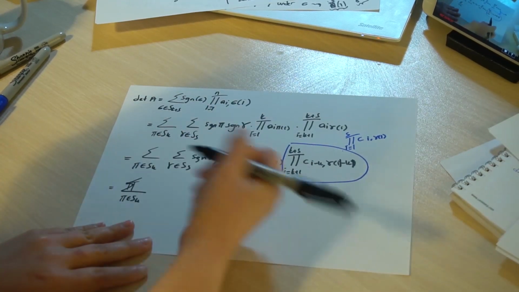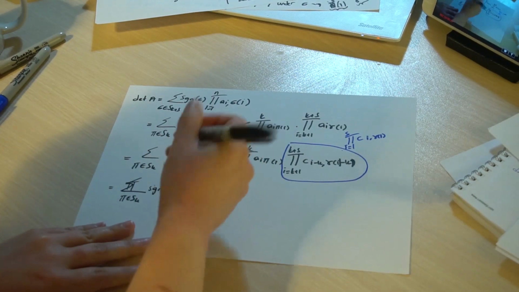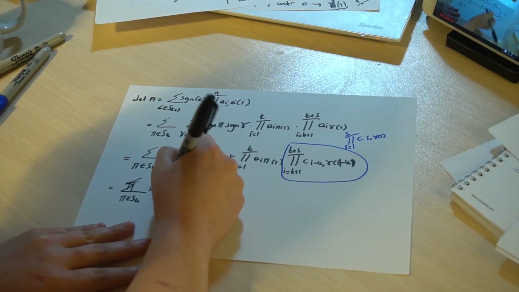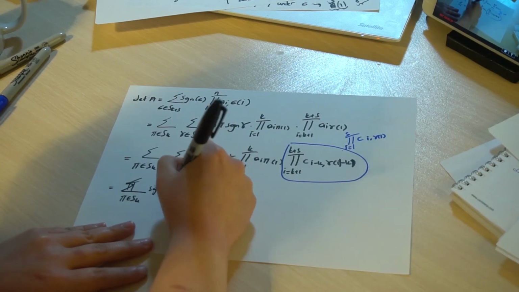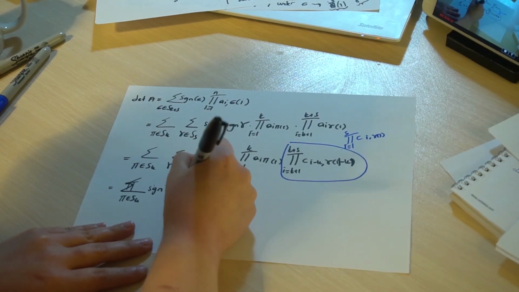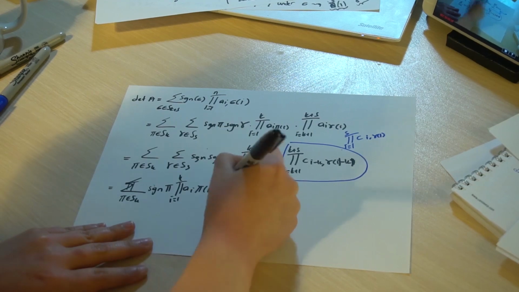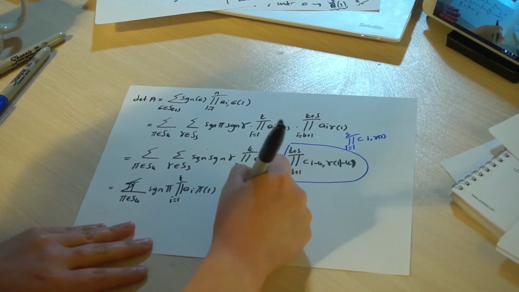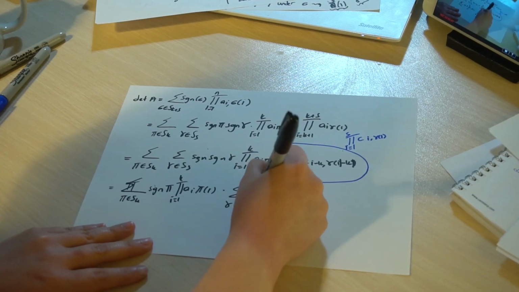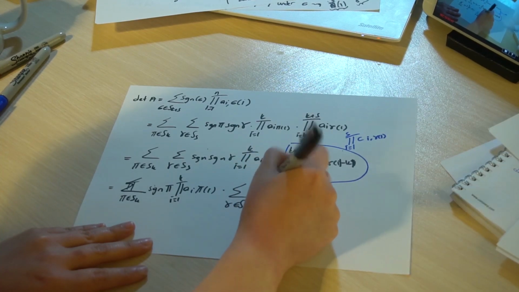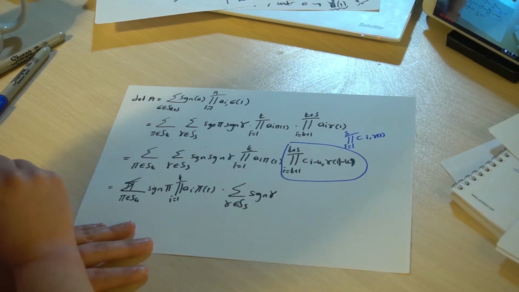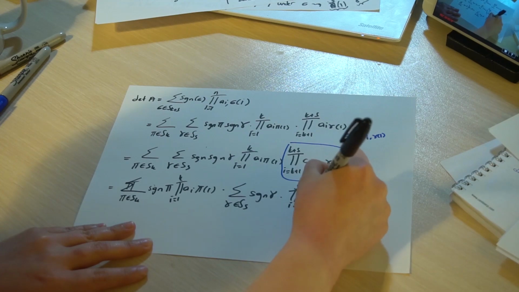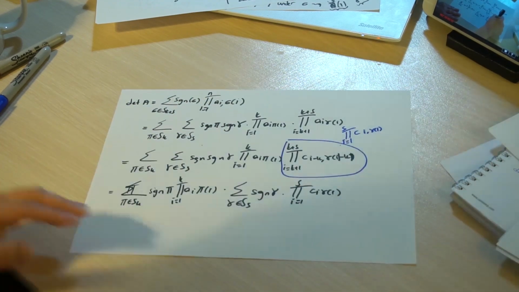So we have the sum of sign pi times the product for i from 1 up to K of b_{i, pi(i)}, times the sum over gamma from S_S of sign gamma times the product for i from 1 up to S of c_{i, gamma(i)}.